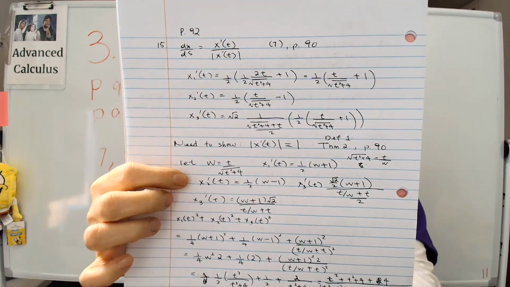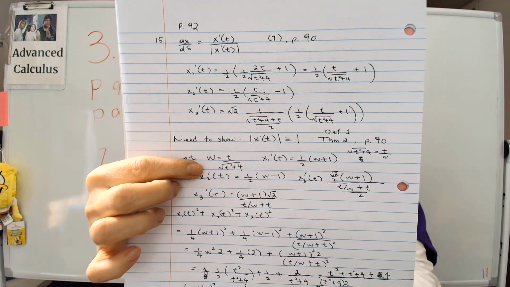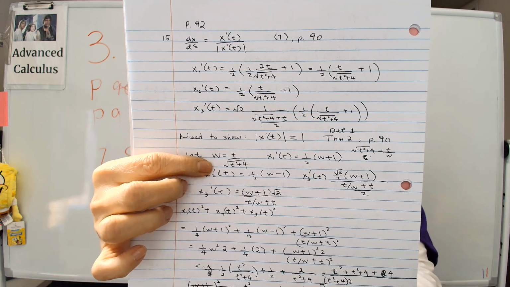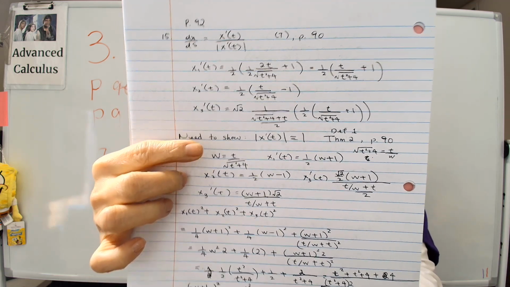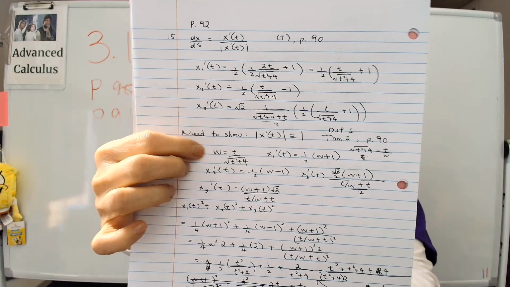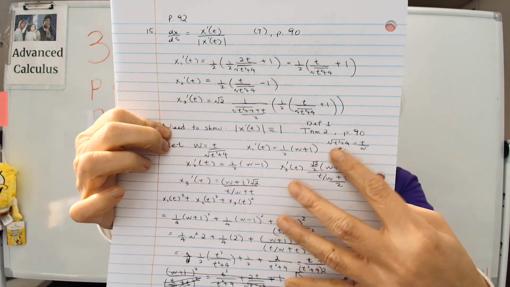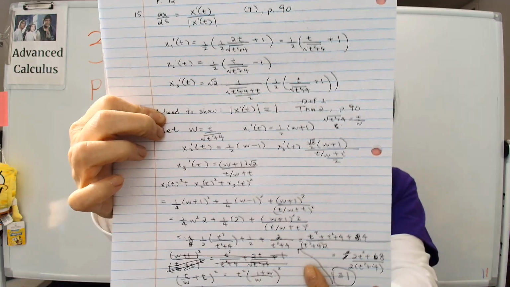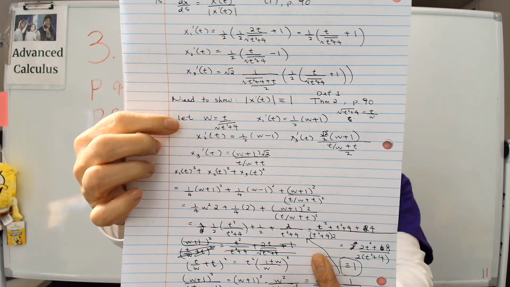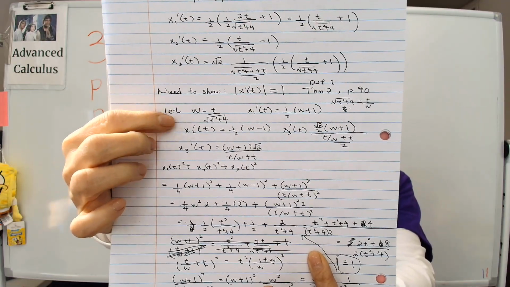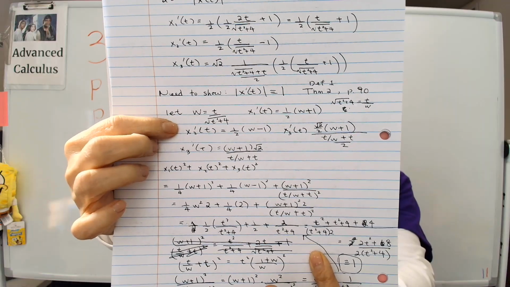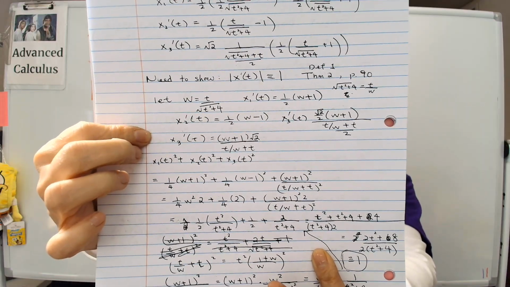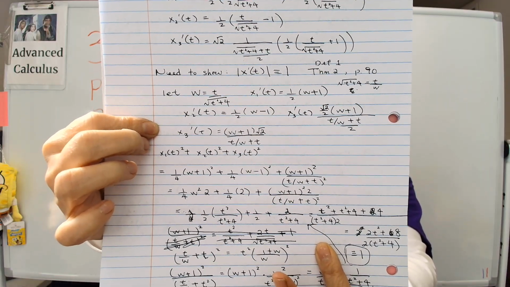So to make life easier, I let w equal t over the square root of t squared plus 4. Then the square root of t squared plus 4 equals t over w. Once I've done that, x1 prime, x2 prime, and x3 prime are looking a little bit better.